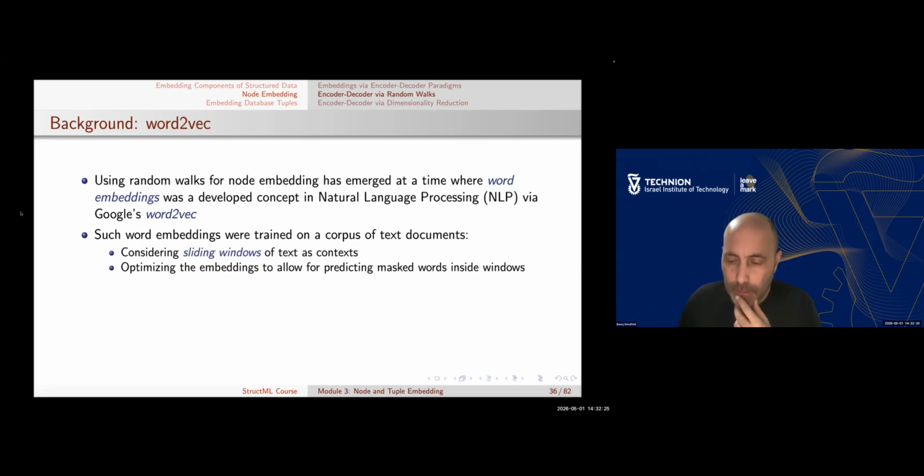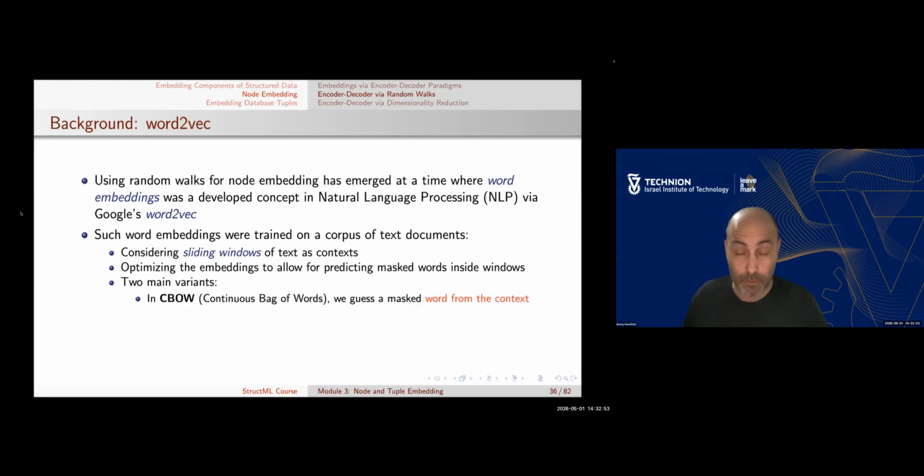To do that, you mask them in order to produce the tasks. But you use the embeddings as the parameters of your prediction model. So the predictions should be good and should capture the semantics of words in order to allow you to guess the words properly. Okay, and there are two main variants of that.